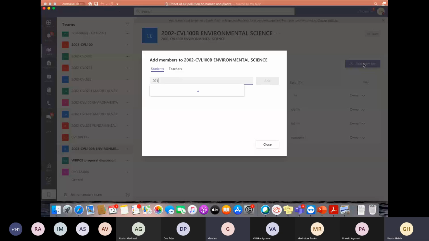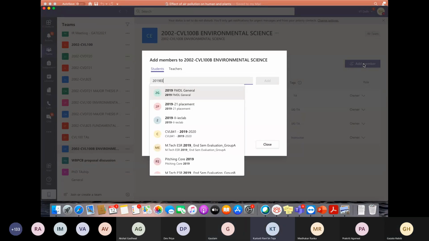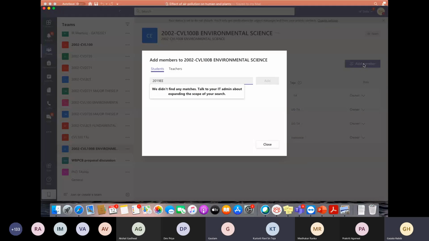What is the roll number? 2019 EE3. You will have to capitalize the E's. I guess you have to add the Kerberos ID, not the entry number.